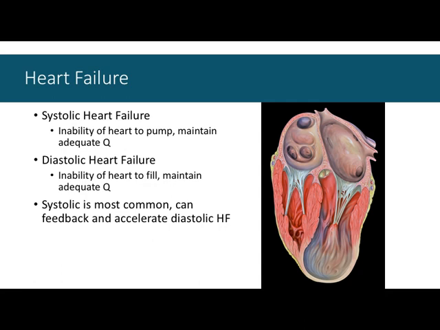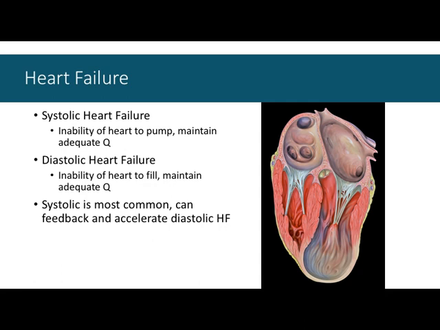It leads to diastolic heart failure through an inability to pump to the systemic circulation, which, if you follow the loop in its entirety, means an inability to return enough blood back to the heart on its way through the systemic circulation.